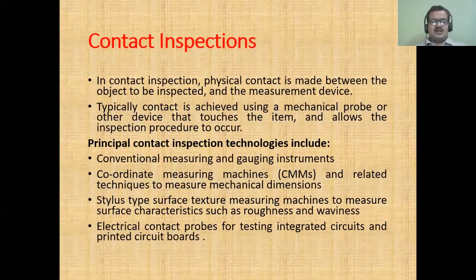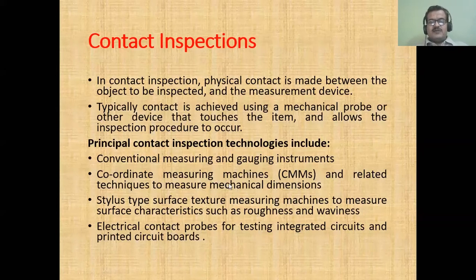So principal contact inspection technologies are conventional measuring instruments like vernier caliper, screw gauge, vernier height gauge, or some gauging instruments like go, no go gauge, snap gauges, right?